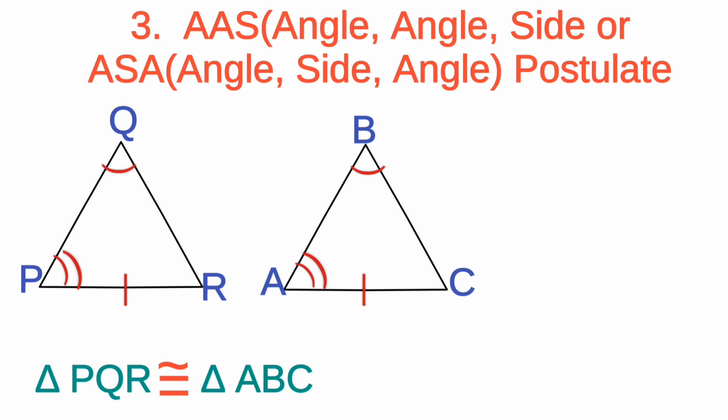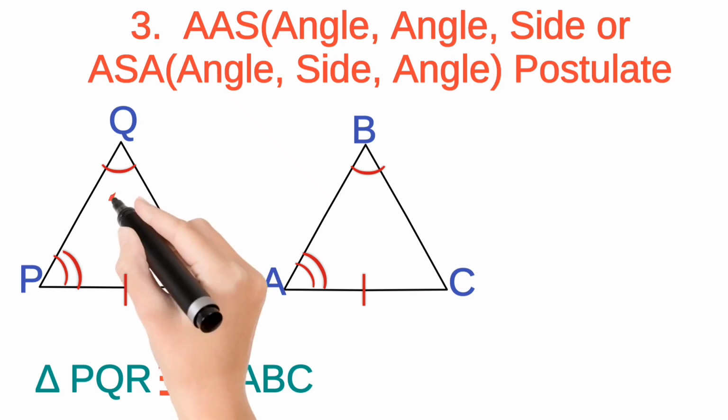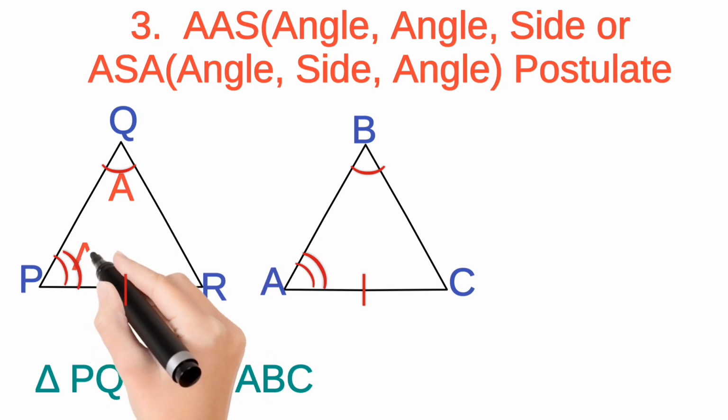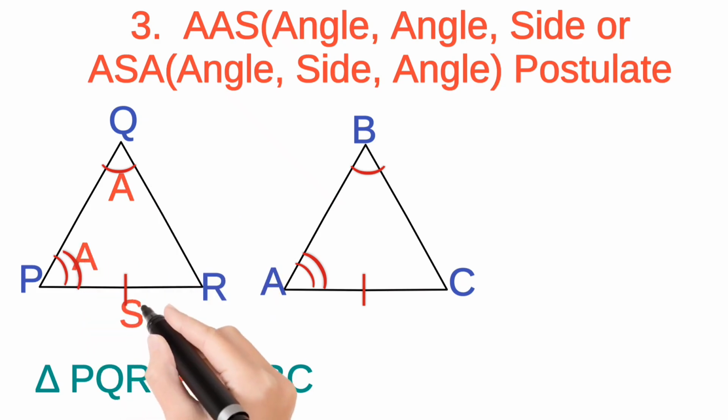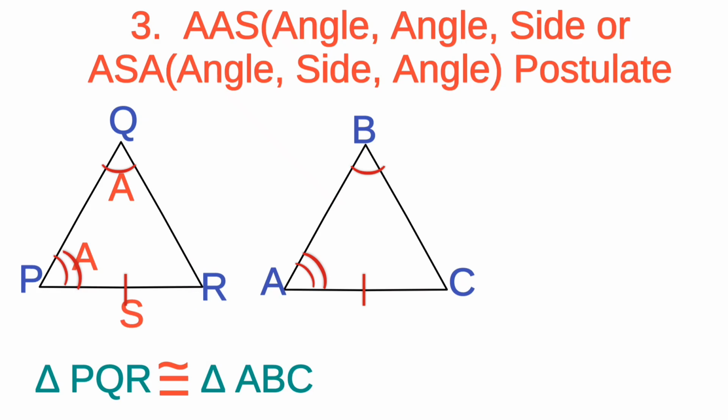You can see from the diagram, from the triangles, we have angle angle side. So take note, the side is not an included side. That is, the side we are having is not in between the two given angles. Take note.